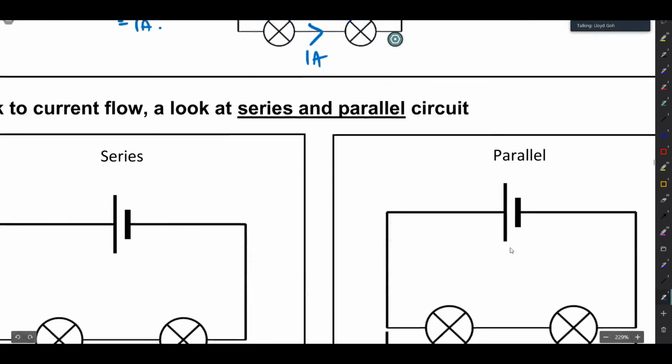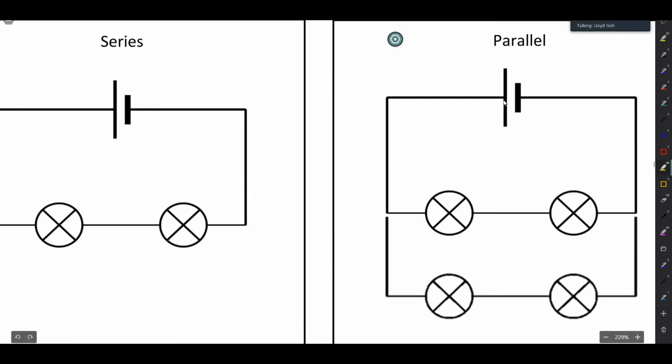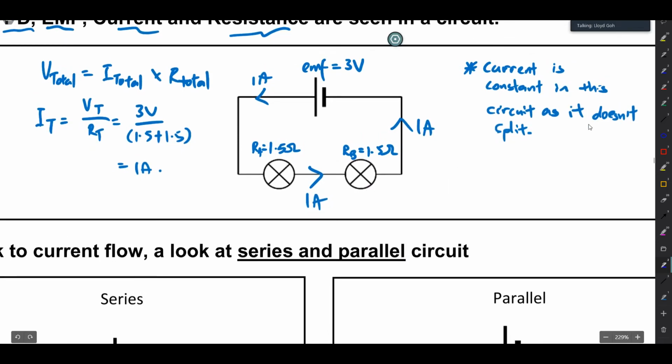The idea of splitting is this: if the current comes to a junction, I can split into two paths. I can either go here or go here. This is called splitting. However, you don't see this happening here. Everything is in a single direction. There's no decision to make whether to turn left or right. So the current doesn't split, the current will stay constant.